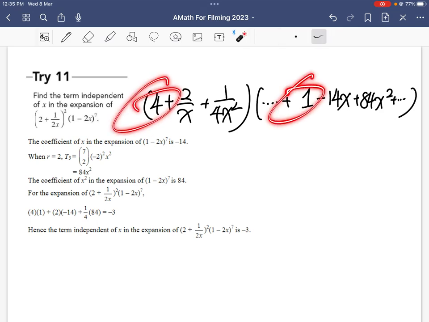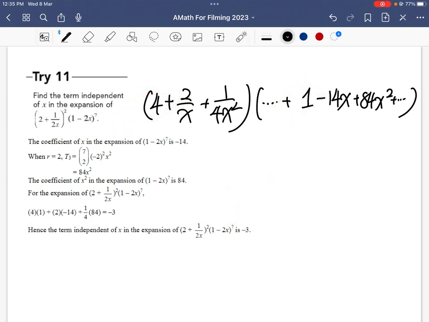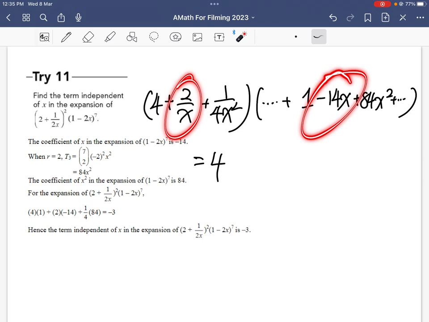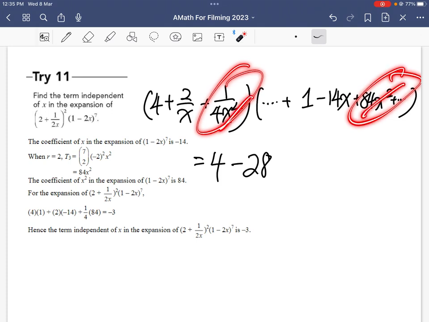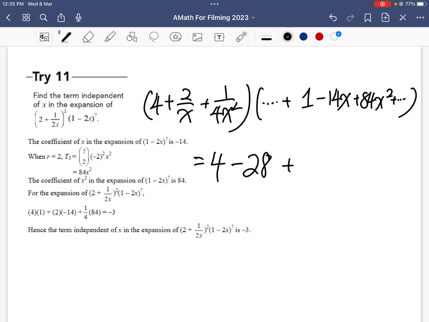So 4 times 1 gives me a number 4. 2 over x times negative 14x, the x will eliminate to give me negative 28. And last but not least, 1 over 4x squared multiplied to this, the x squared terms will eliminate. 84 divided by 4 is 21. So we work that out, it's negative 3. Hence, the term that is independent of x in the expansion is negative 3. And this is it for 6.2.